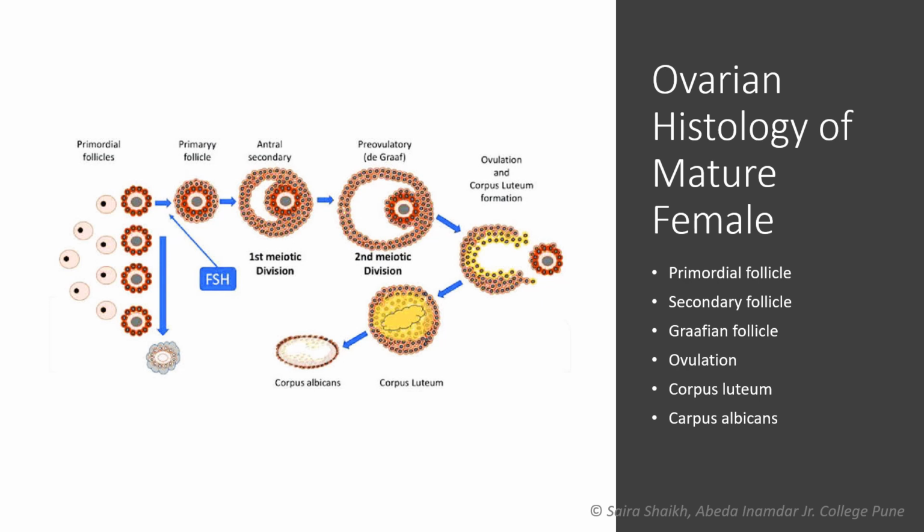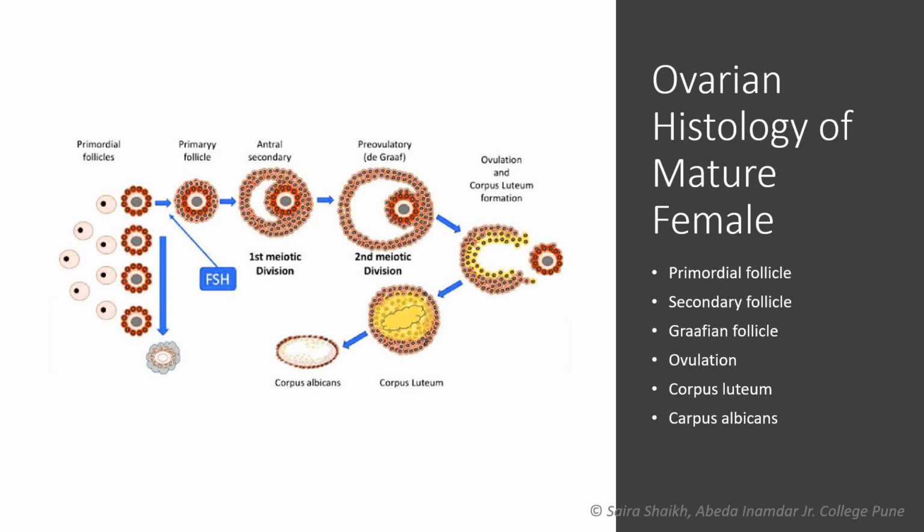At the time of puberty, the pituitary gland secretes the hormone FSH, that is, follicle stimulating hormone. In the presence of this hormone, primordial follicles get stimulated for further growth. In the presence of FSH, the follicle starts cell division and grows in number.